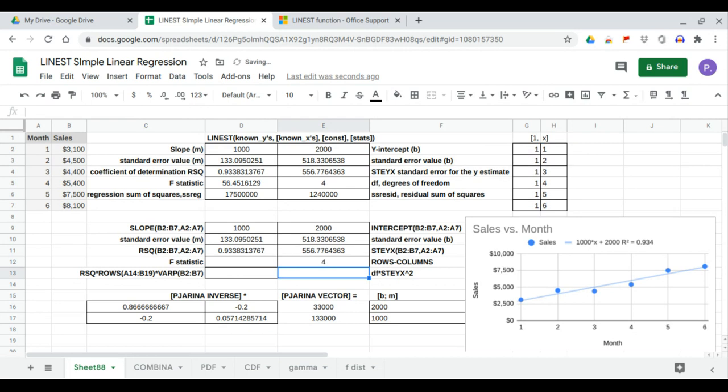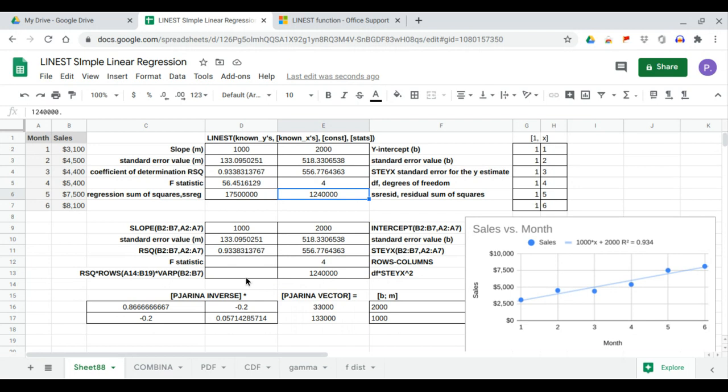So our degrees of freedom is 4, and it matches our LINEST output. And next we calculate the residual sum of squares, which is equal to degrees of freedom times STEYX squared, to the power 2. And this matches our LINEST output.